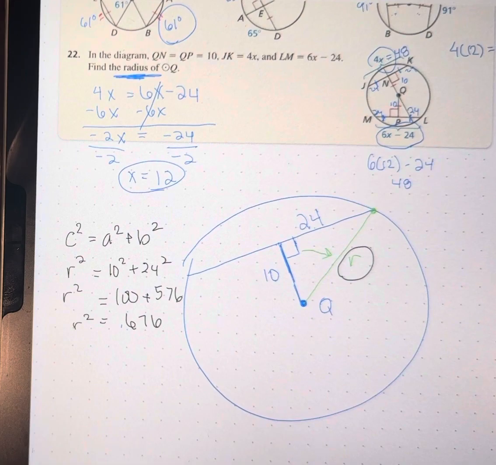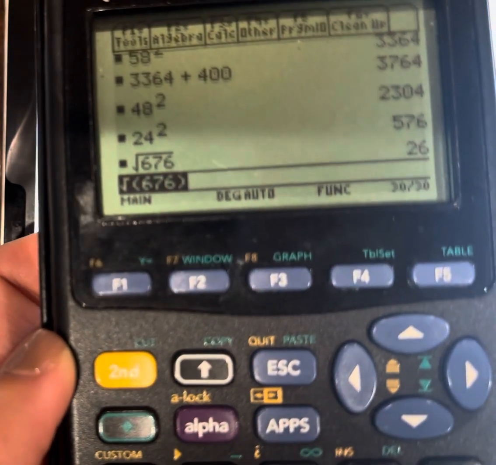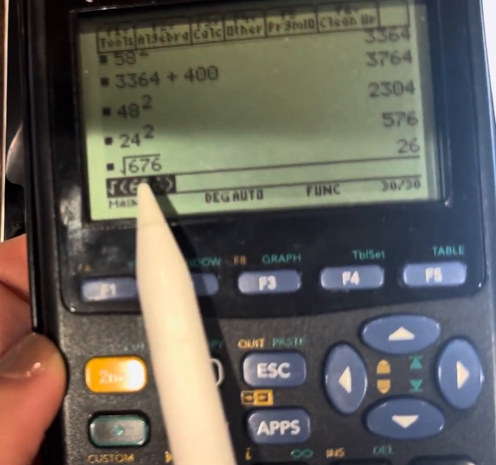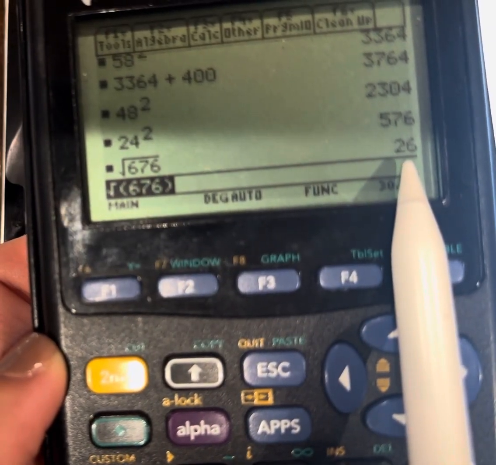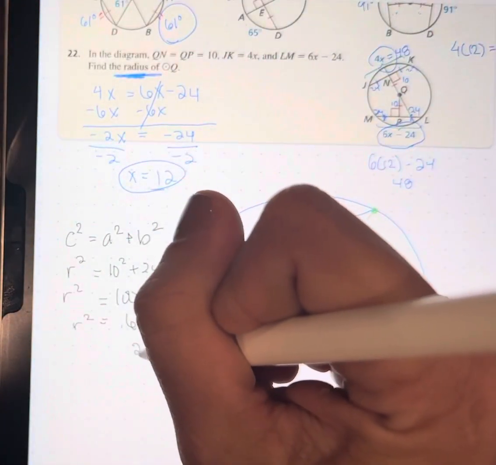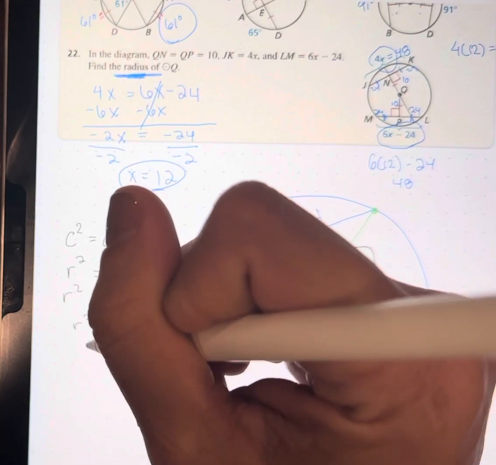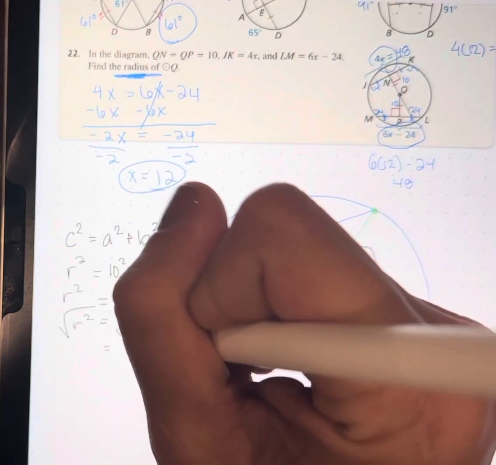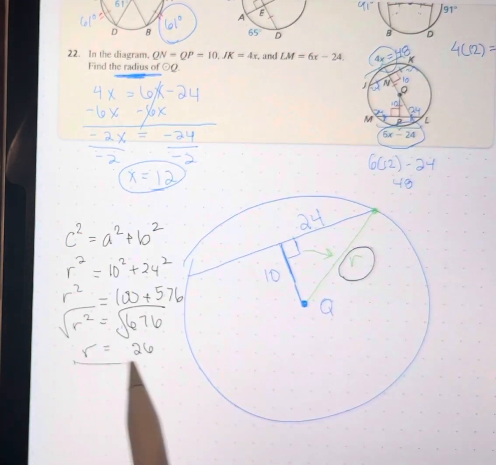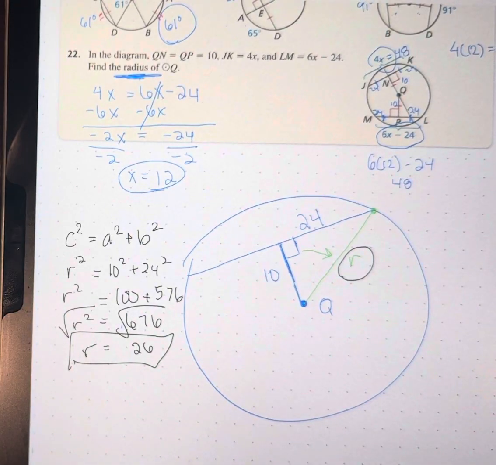Let's see here. We've probably got to do a factor tree on this guy. Oh no, 676. I checked it. I didn't think it would work out. But 676 actually is a perfect square. It's 26. So we don't have to do a factor tree. We have been saved by the math gods. Okay. R is 26.